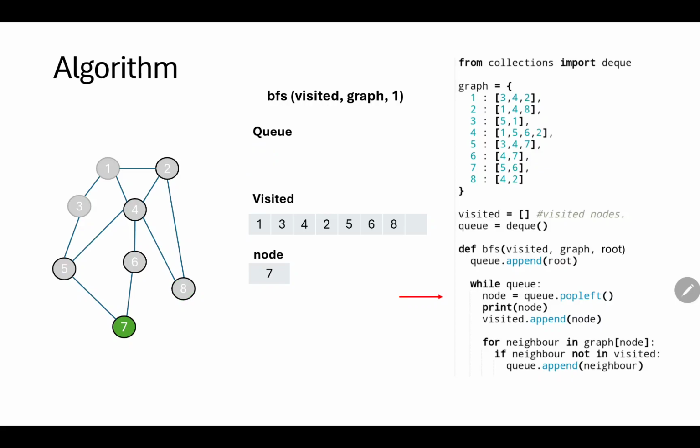Nothing to add because all the nodes so far have been processed. Now we pop node 7. We append to visited. 7 is gray now because 7 has been processed. Now the loop is going to return because there is nothing in the connected nodes, which are node 5 or 6, that hasn't been visited. So the while loop checks, queue is empty, and it returns.